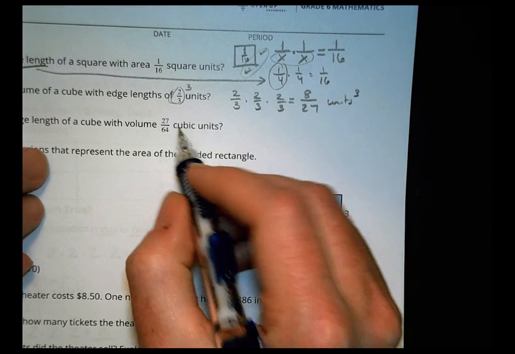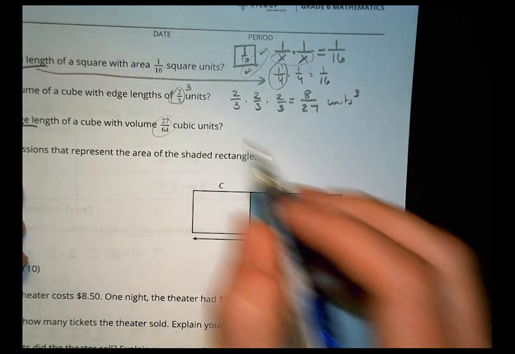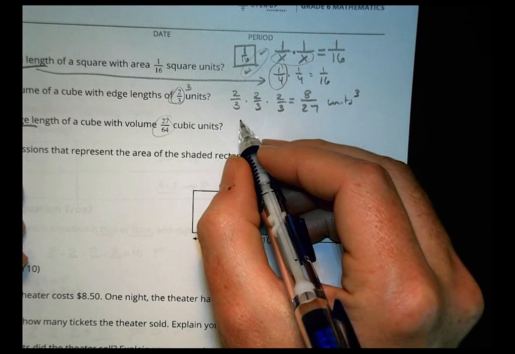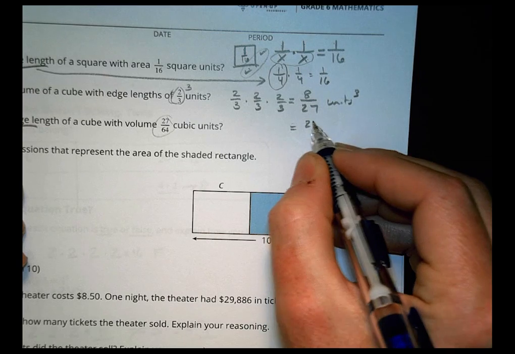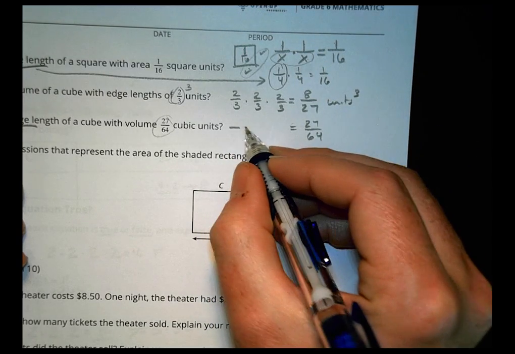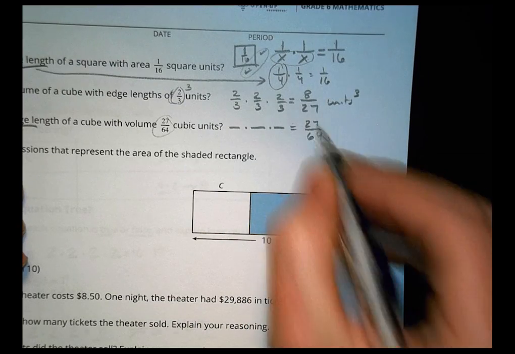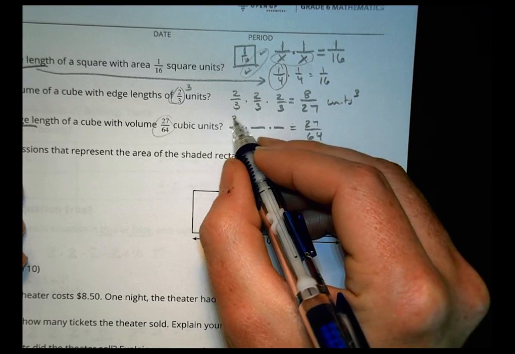All right, now working the other way. What's the edge length of a cube with a volume 27 over 64? So we want to think about going the opposite direction. 27 over 64. Now the nice part here is this: if you look back to the work you just did, do I know how to get to 27? Sure, it's 3 times 3 times 3. So I'm going to keep the 3 here.